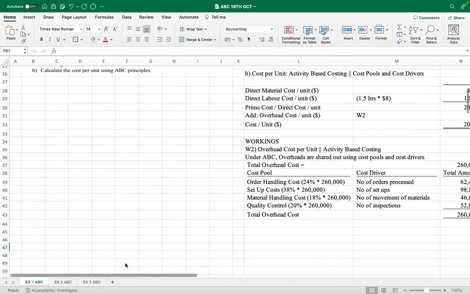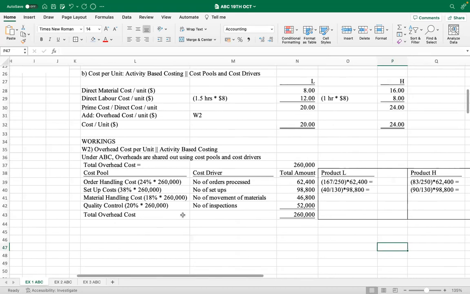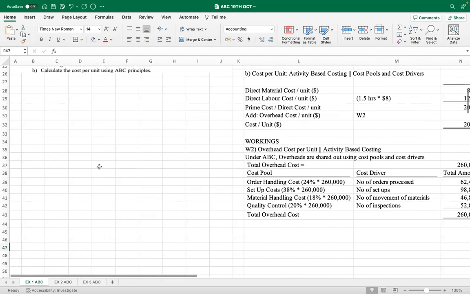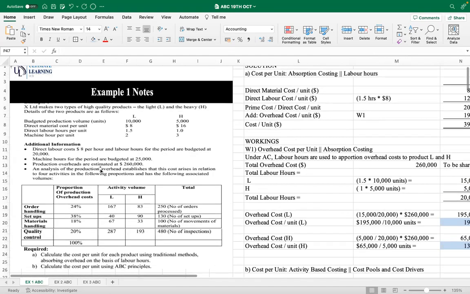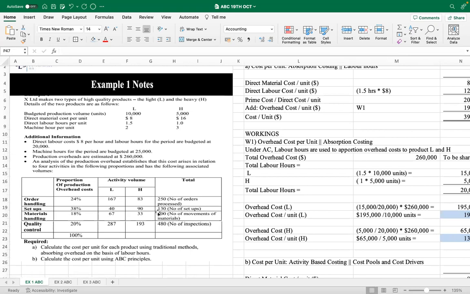We move on. The next is material handling cost, which is based on the number of movements. What are the number of movements? 67 and 33.